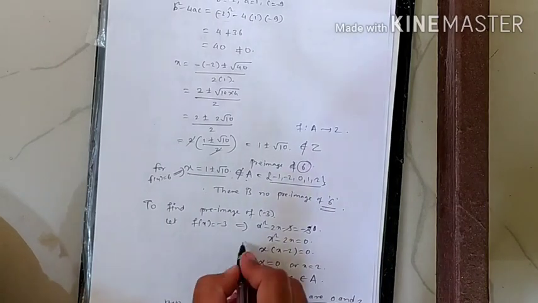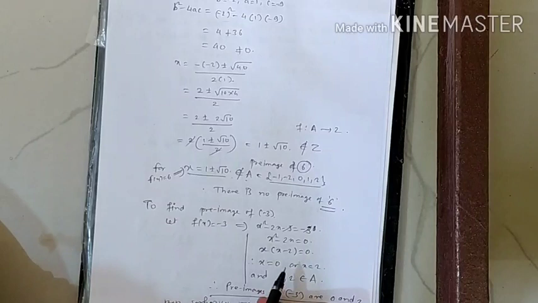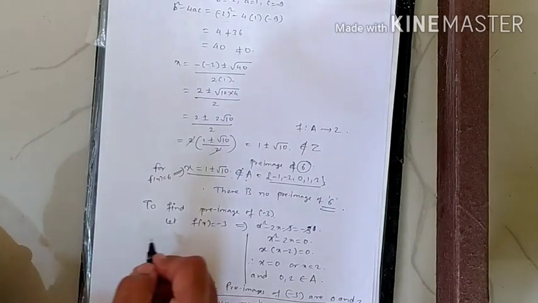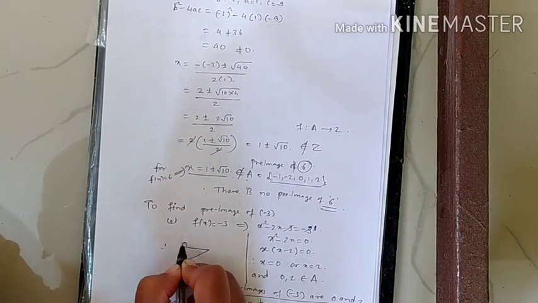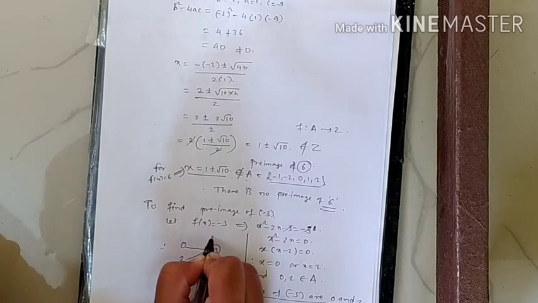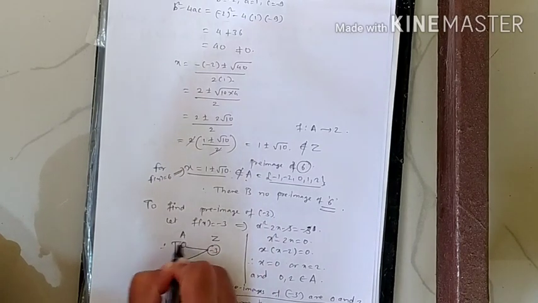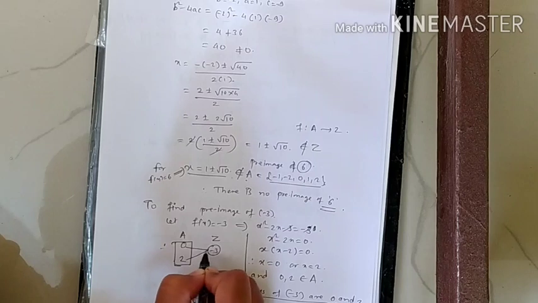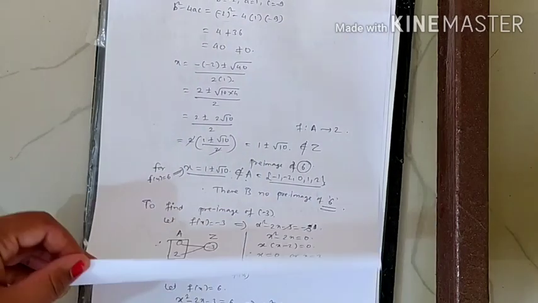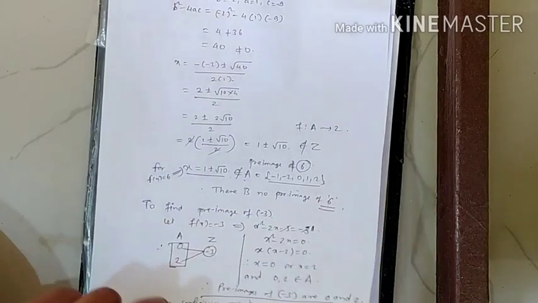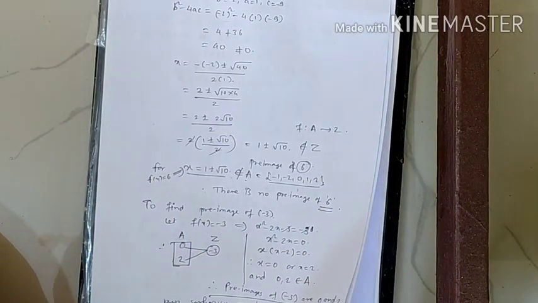See, this part is visible and 0, 2 belong to A. So pre-images of minus 3 are 0 and 2. So therefore 0 and 2 have the same image in set Z. Set A elements 0, 2 have the same image in set Z, that is minus 3. Getting? Any doubt, student?